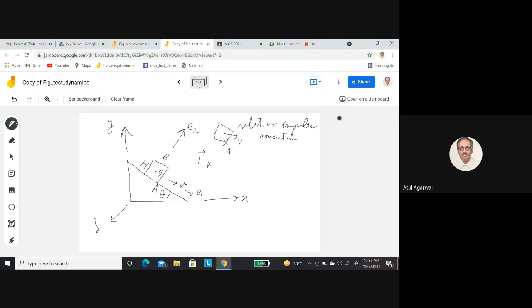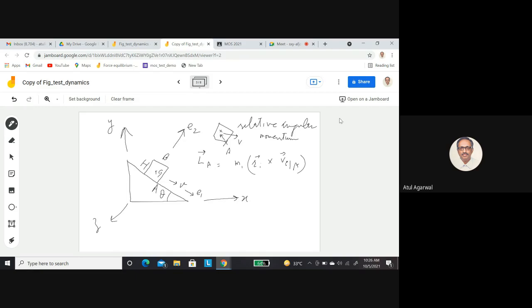We are talking of the moment of the relative linear momentum with respect to point A. So that will be m_i r_i cross v_i with respect to point A. What is your r_i?